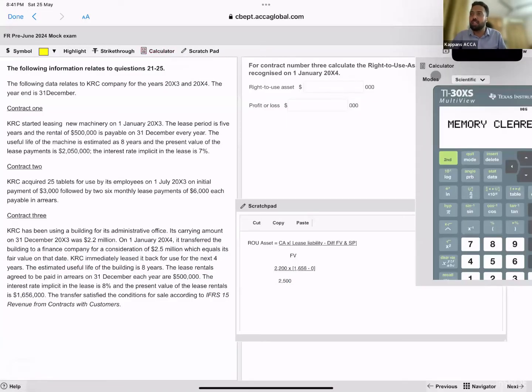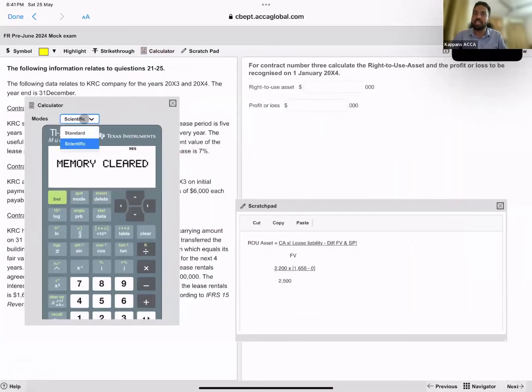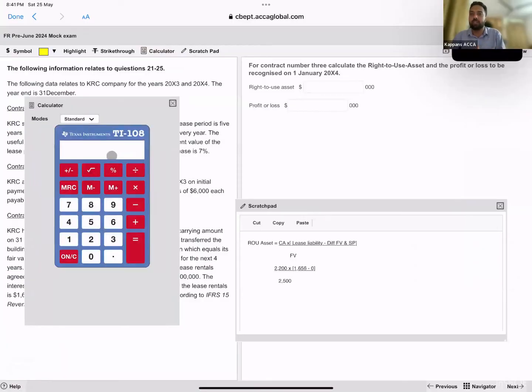So use the calculators to find out the answer. So that is 2,200 multiplied by 1,656 divided by 2,500. That is equal to 1457.28.